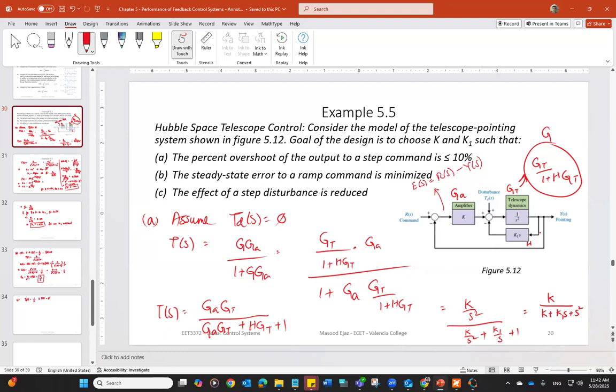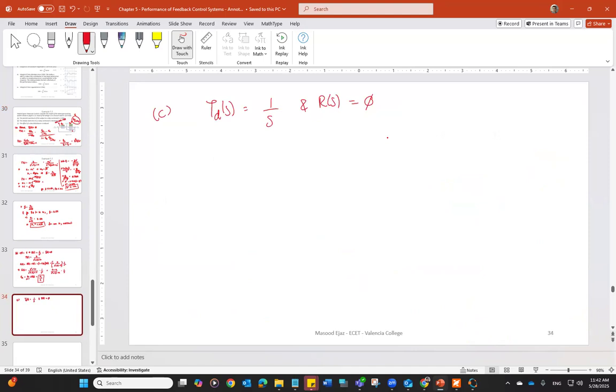So if I'm writing my TDS, it's going to be hectic, but let me redraw it real quick. So this is my summing amplifier.